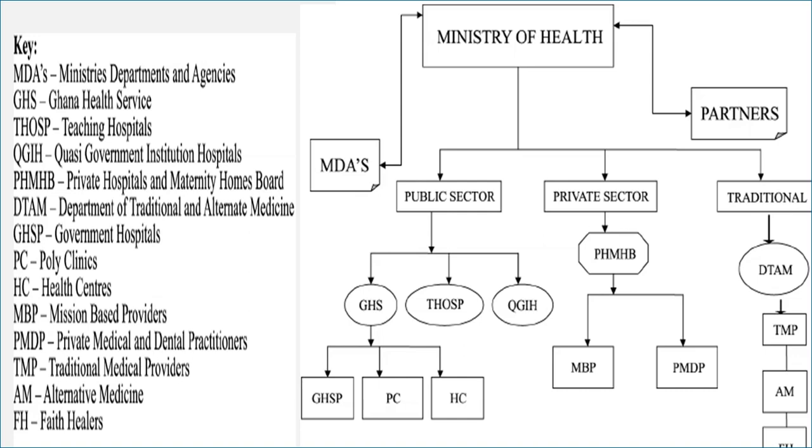Then we have the TMPs, which stands for the traditional medical providers. Then you have the alternative medicine, and the last one is the faith healers. Okay, so this is how the health service is structured, and that's a structure that you should know. In pharmacy, as you can see, we all fall under the private sector where we provide our care.